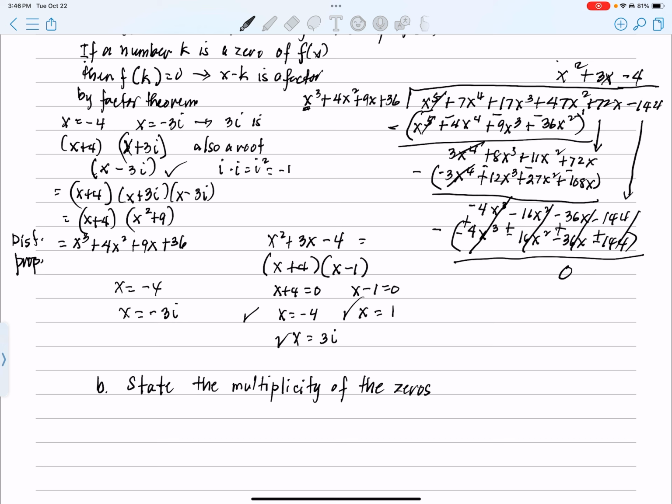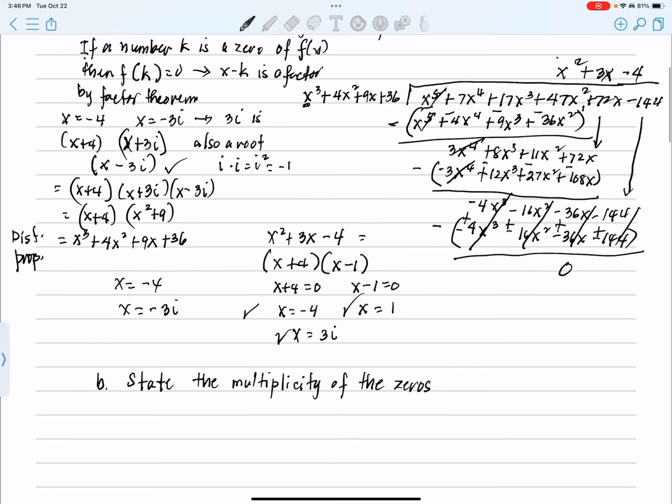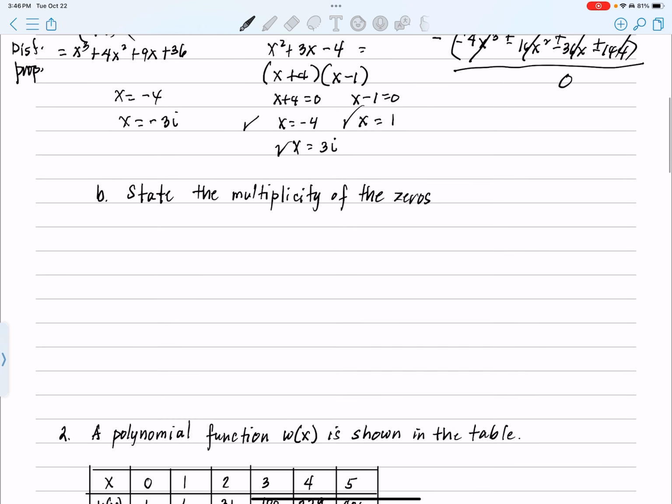Okay, let's go to the next question here. State the multiplicity of the zeros. So the full factorization of the polynomial.